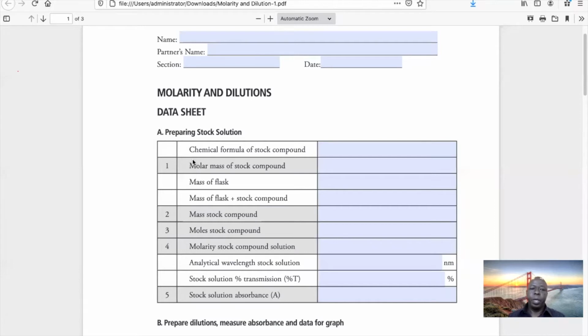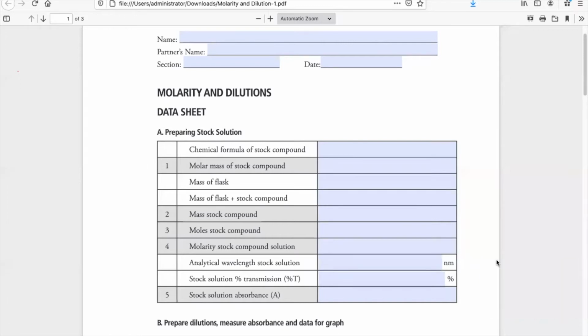In Part A, we will prepare a stock solution with known concentration. Do not just dive into the data sheet and try to complete it. It will call for watching the simulation. There is a simulation posted on Canvas.